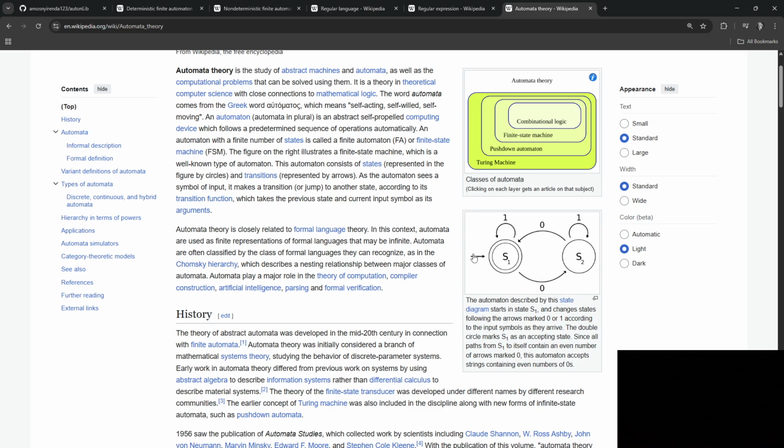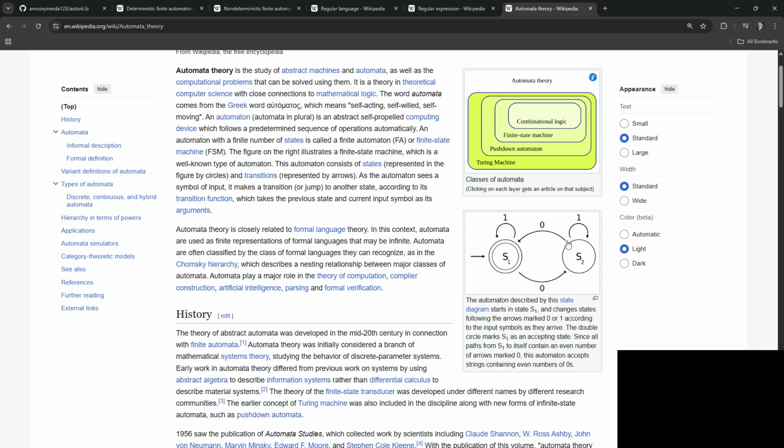And then this arrow that is depicted as if to enter into state S1 is there to show that S1 is a starting state, right? And then we see that S2 here is enclosed in a single circle, but S1 is enclosed in two circles. So the double circle here means that S1 is a final or accepting state.